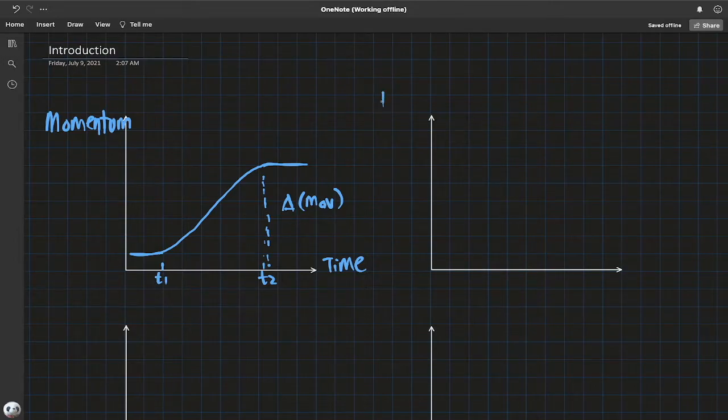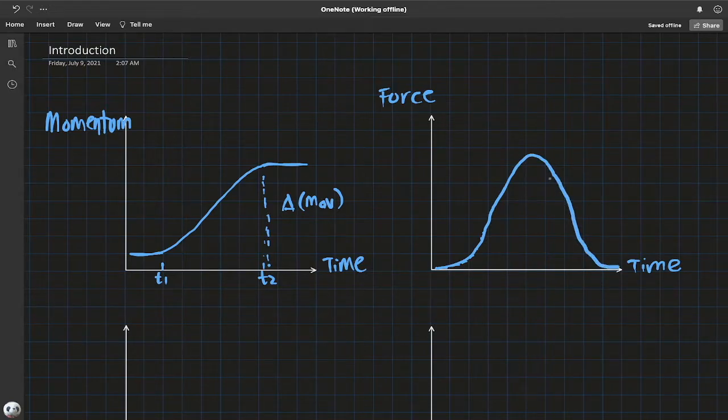Now on the other hand, for the same scenario, consider a force versus time graph. So we can represent the same motion that's going on, except we're just mapping out force versus time. So for the same motion, we're going to have something like this. Again, apologies for the freehand crude drawing. And the area under the curve is going to be delta m naught v.